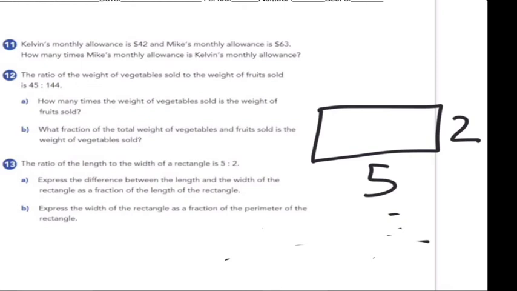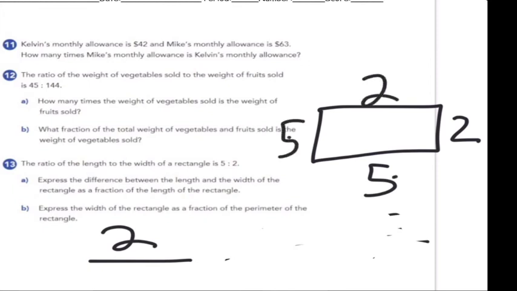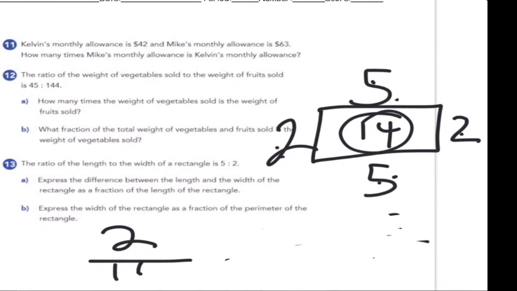The width is 2, and the perimeter of the rectangle is 5 plus 5 is 10, 2 plus 2 is 4. So 14 is the perimeter. So it's 2 over 14, and if I reduce that, it's 1 over 7. So it's 1 to 7.